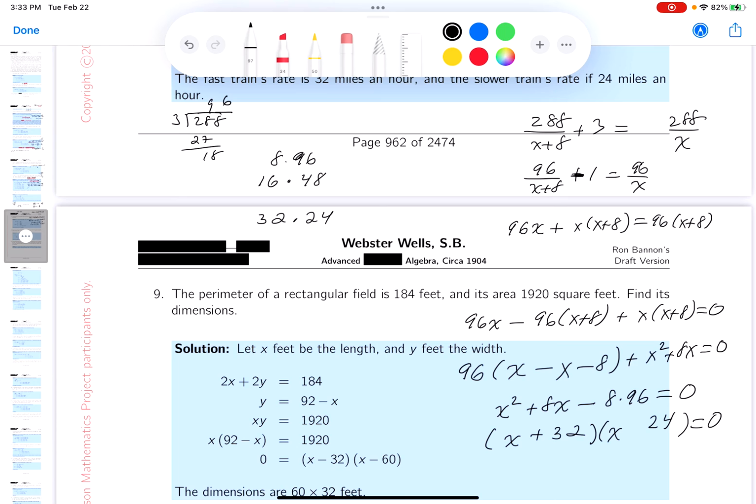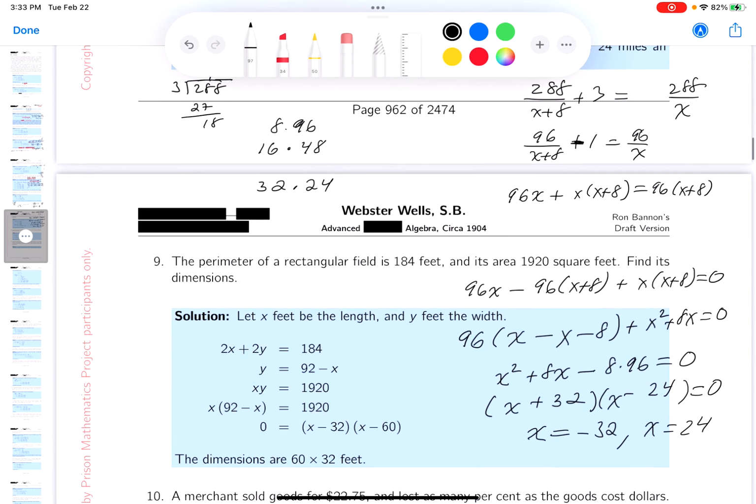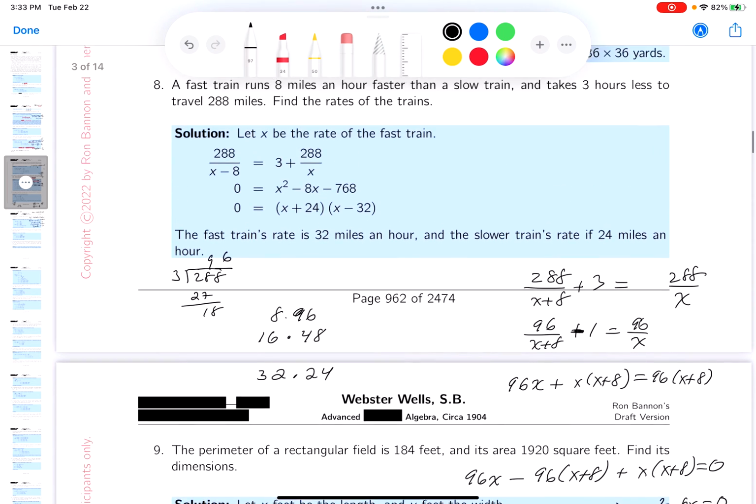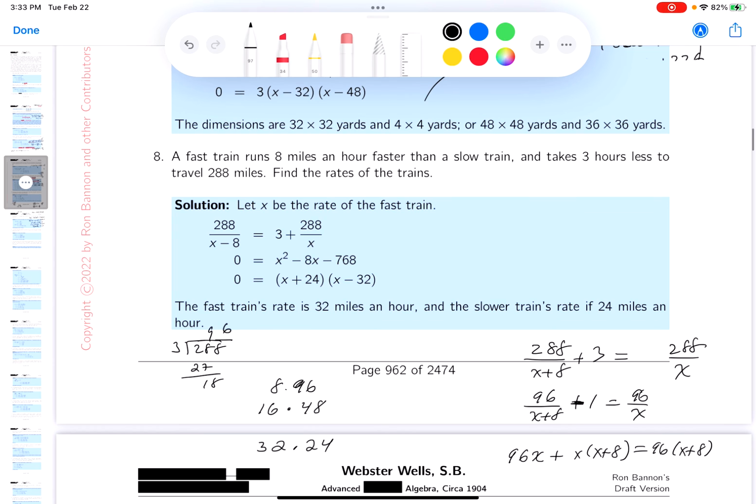And then what do you get? x plus 32 times x minus 24. And again, I realize for some reason I can't remember what the question is at this point. That doesn't matter. You're solving an equation. x equals negative 32, x equals 24. Now, by the way, if you do remember, it's a rate problem, and rates are going to be positive, so this can't be. So I know x is 24, and if you recall, that's the rate of the faster train.